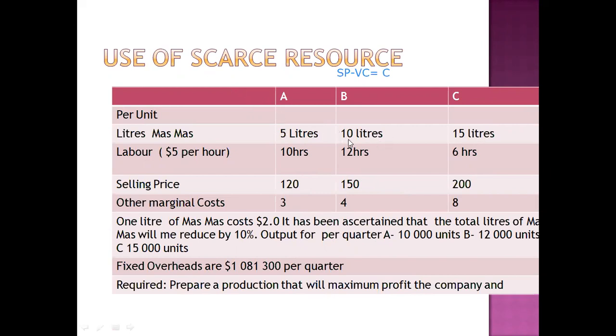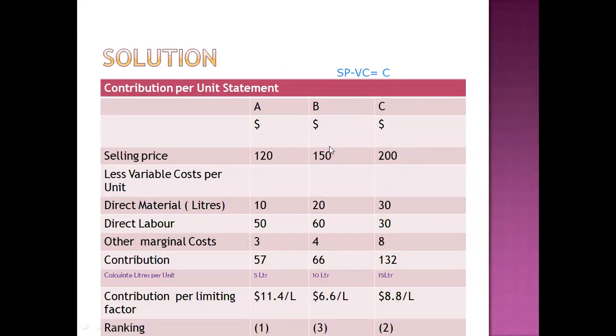You write the 5, 10, 15 liters below this, because we want to determine the contribution per limiting factor. The limiting factor here is the liters.